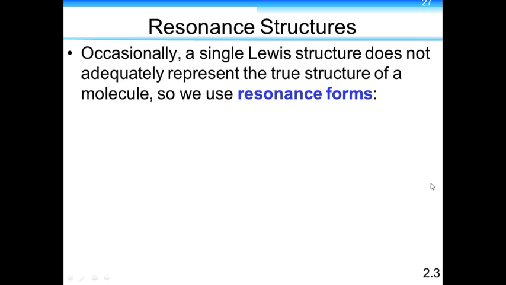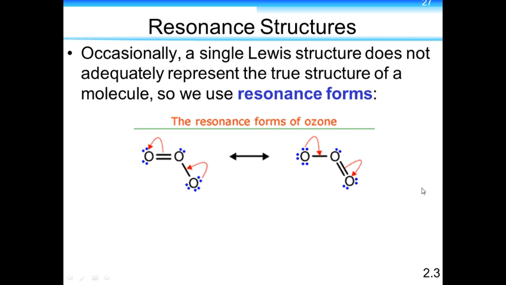Now let's talk about what are called resonance structures. As you saw with ozone, there were almost two possible answers. We could have put that double bond on the right side or on the left side. So which is the correct structure?